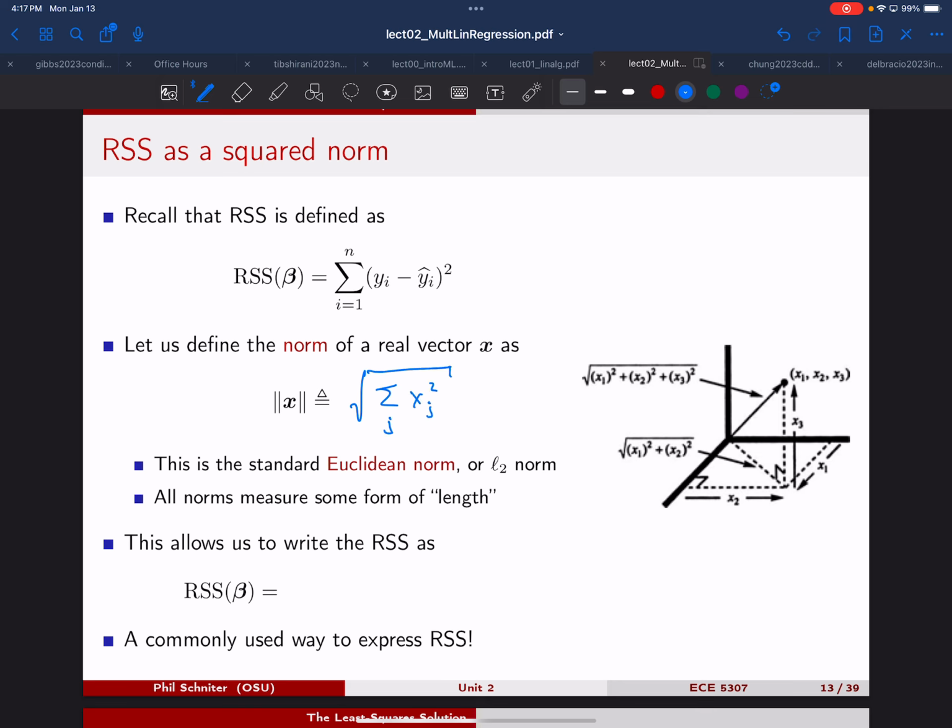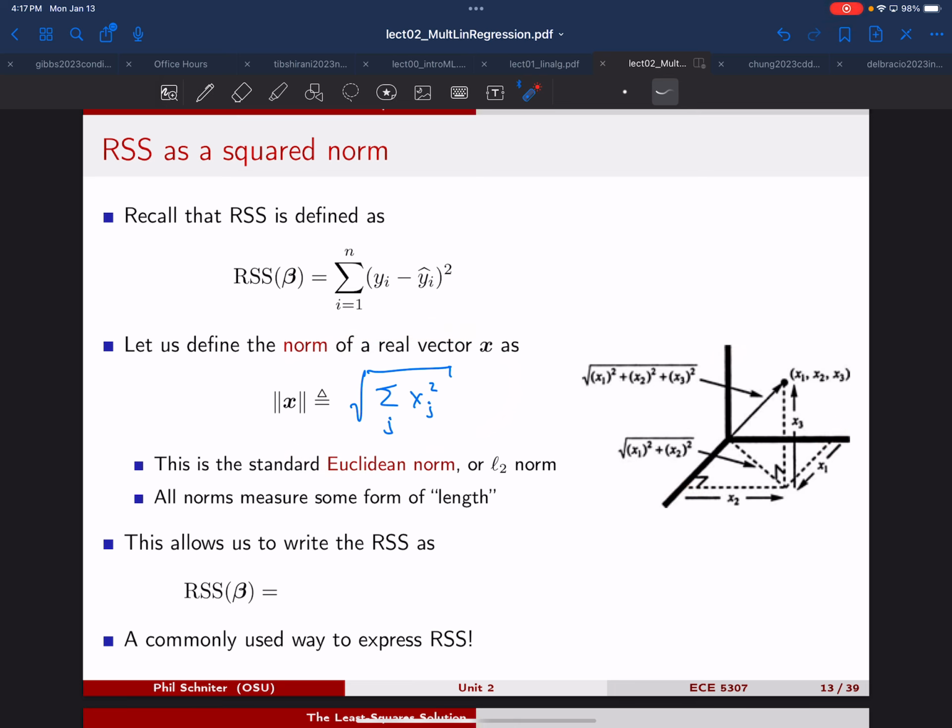Here I'm just using x as an example, but this holds for beta or y or anything. And we can visualize this as follows. Maybe this is the origin here, and this is the vector. The straight line distance from the origin to the end of that vector, squared, would be equal to each of these coordinate dimensions squared. Okay, that's essentially what this says.